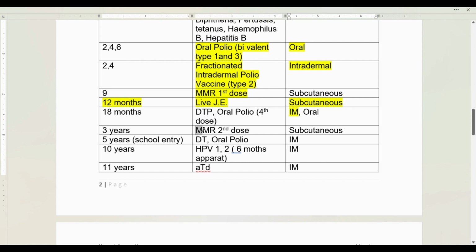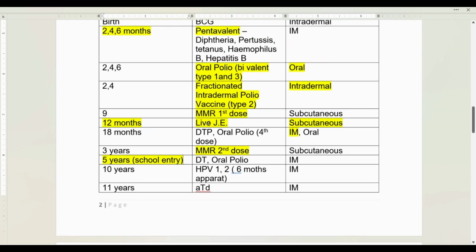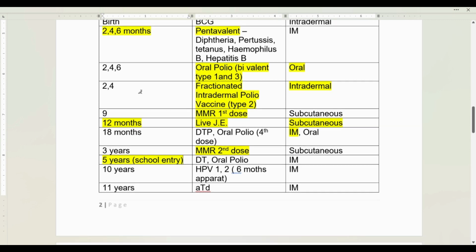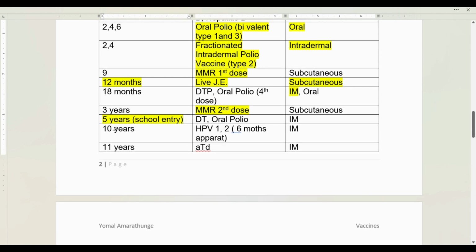At the age of 3 years, the MMR second dose is given, which is a subcutaneous vaccine. And at the age of 5 years, at school entry, DT and oral polio are given as the fifth dose, and after that there's no oral polio. So oral polio is given at 2, 4, 6 months, and the FIPV at 2 and 4 months, then at 18 months, and then at the age of 5.